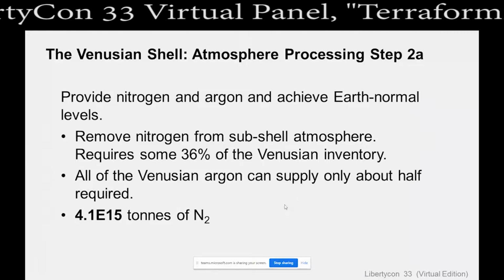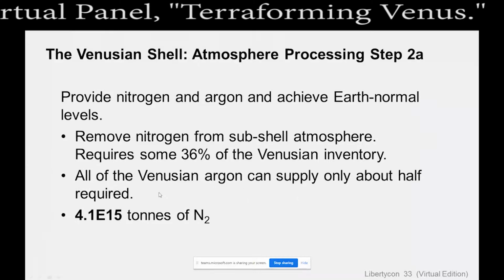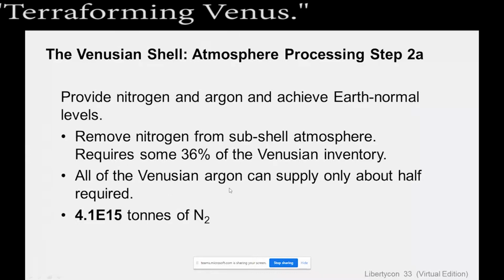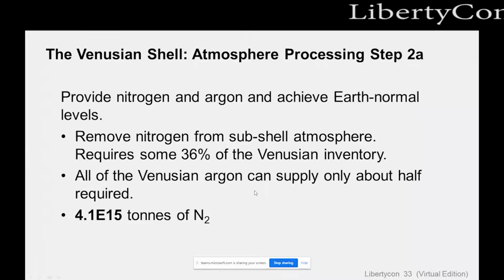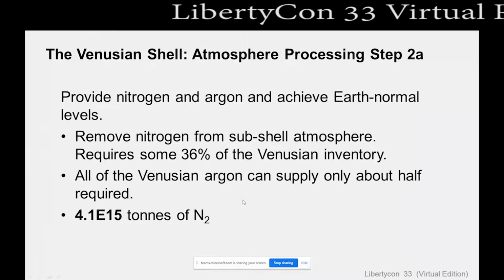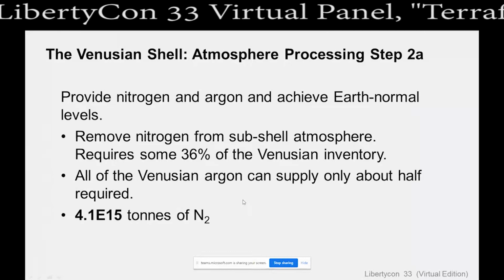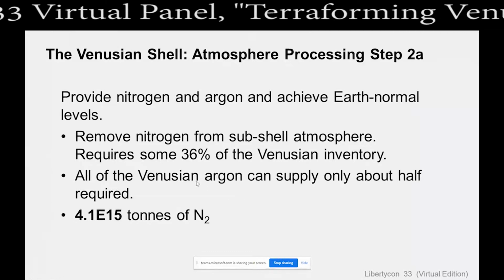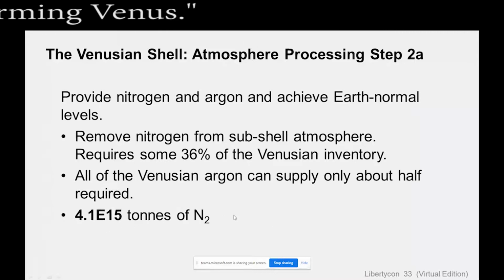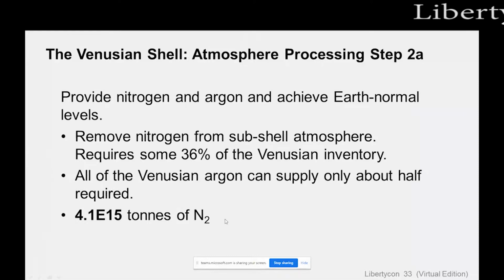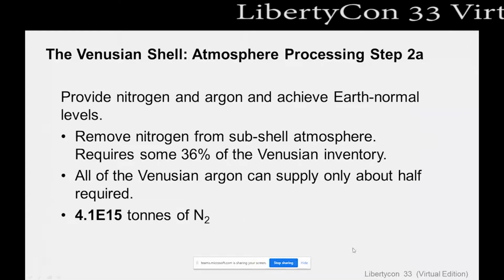We will have to import hydrogen if we want water, but we've talked about that. Argon, we may not be able to achieve the percentage of argon in the Earth atmosphere. On the other hand, argon is essentially biologically worthless, so we can probably just dispense with argon, replace it with nitrogen. And yeah, we're going to need a fair amount of nitrogen to do all of this. But this is only about a third of the nitrogen available at Venus.